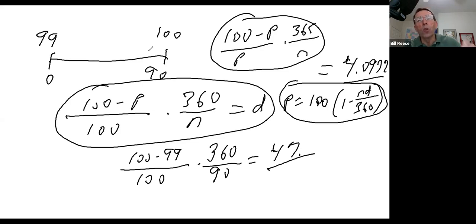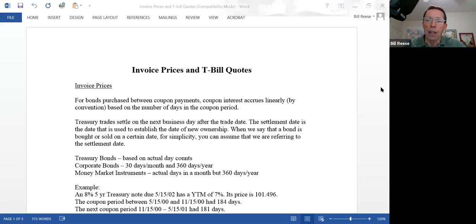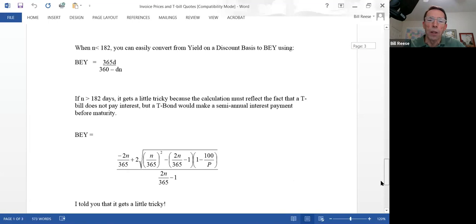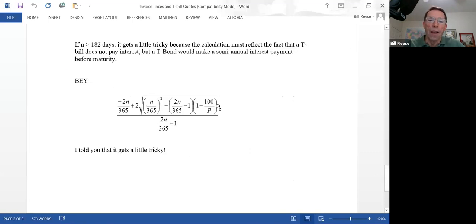So in order to incorporate that difference, there's a somewhat complex formula that I'm not going to hold you responsible for, but I think you might want to make yourself aware of it nonetheless. It's on your notes here, which I'll share with you. It's right at the very bottom, last place on there. This is it right there. That's the formula to find the yield to maturity.